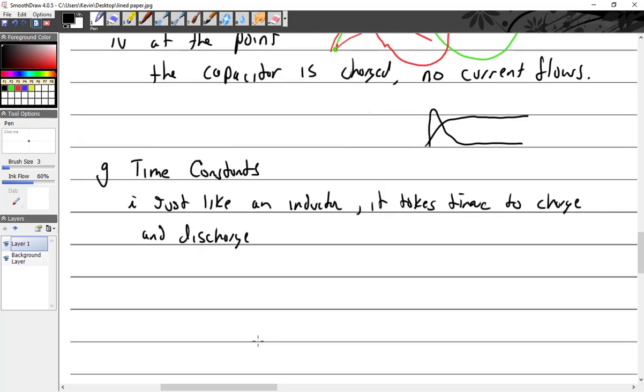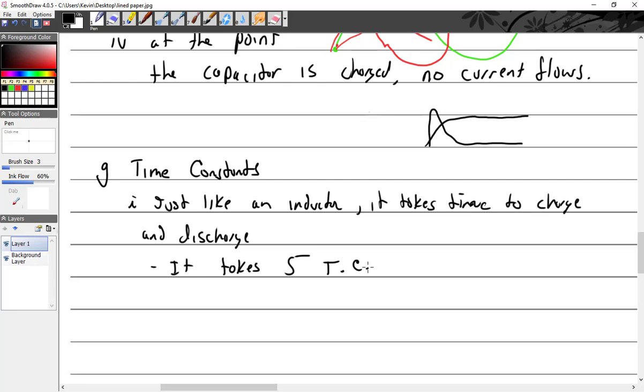Let's just cut to the chase. It takes 5 time constants. I've already told you what a time constant is and how it's figured out, 63 percent. We don't need to do it anymore. Just know it takes a while.